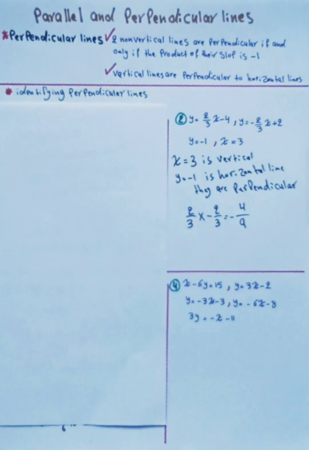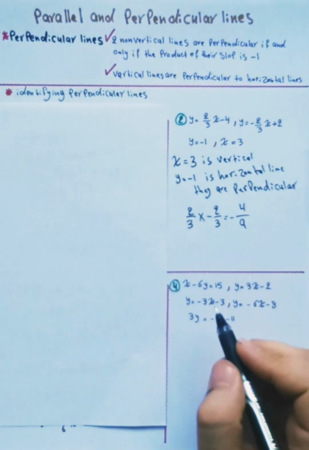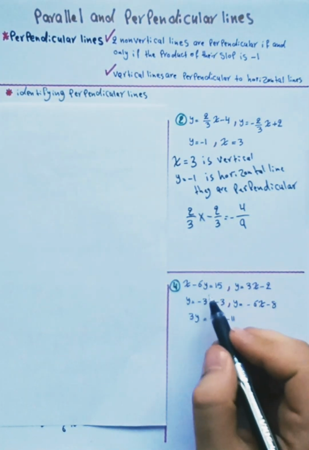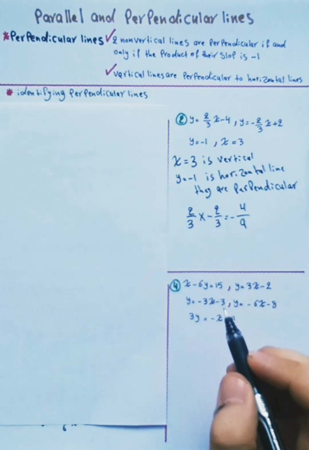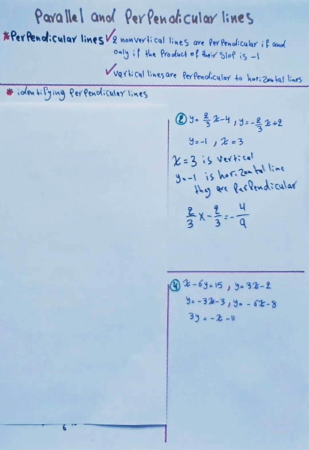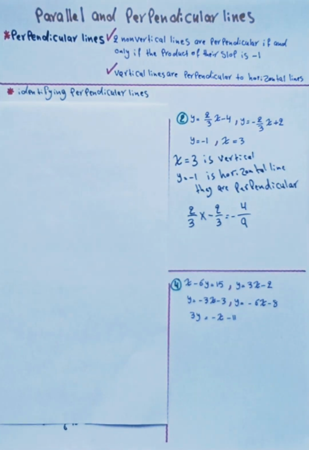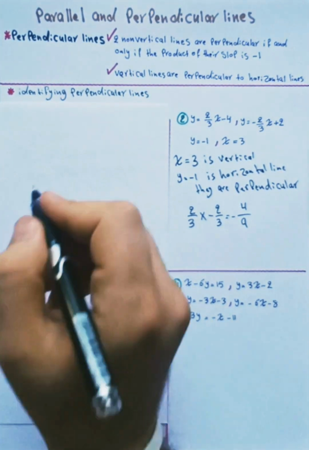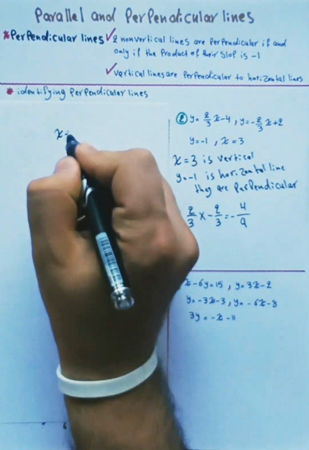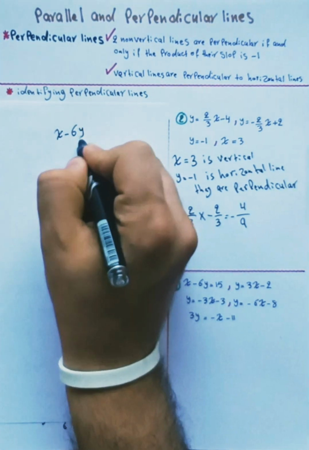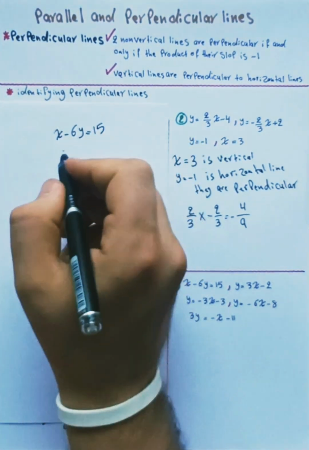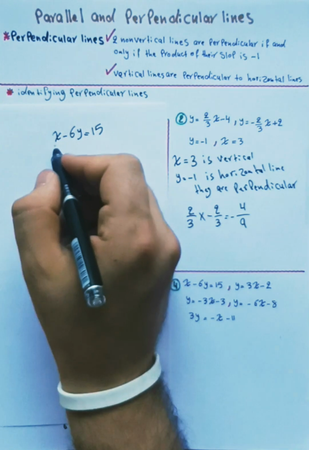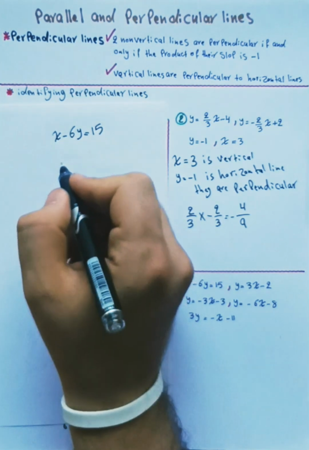Example number 4, we have these 4 equations or 4 lines. First, we have to rewrite this equation in slope-intercept form. So you have x minus 6y equal to 15. You have to move the positive x to the right side.